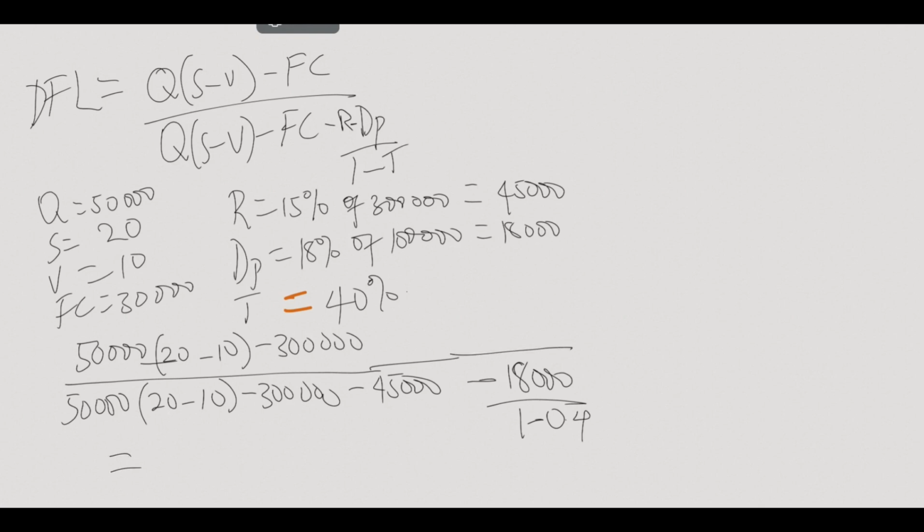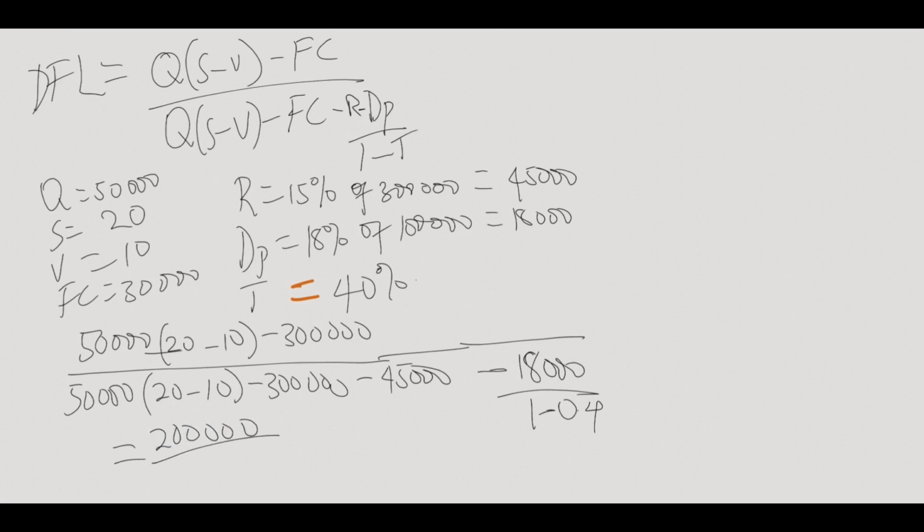This will give us 200,000 over 125,000, which will give us 1.6.